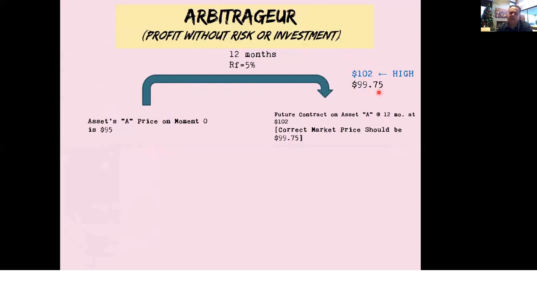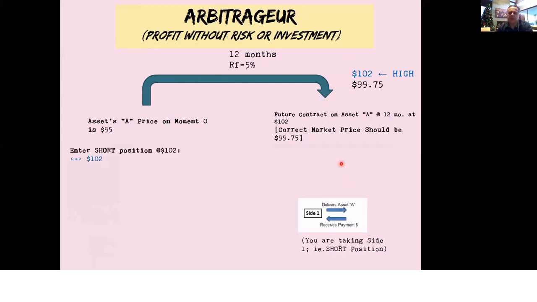But let's assume that you observe that the correct price should be 99.75, but for some reason, there is a forward contract trading at 102. So that's higher than it should be, right? So if that's the case, in a higher price, you will want to receive this money because it's higher than it should be at contract expiration.